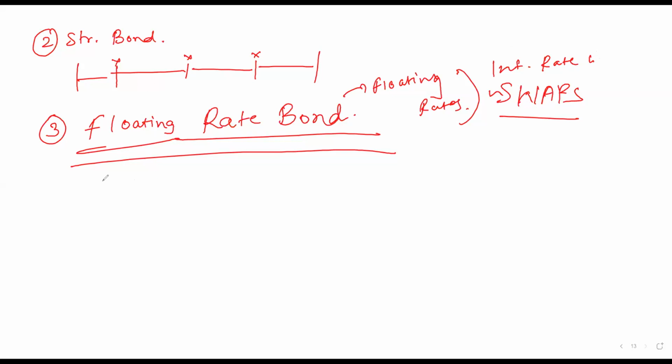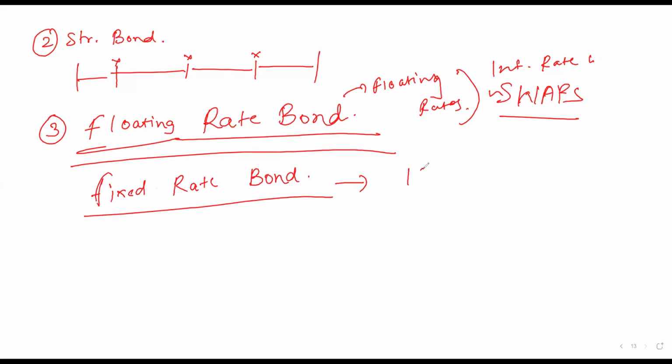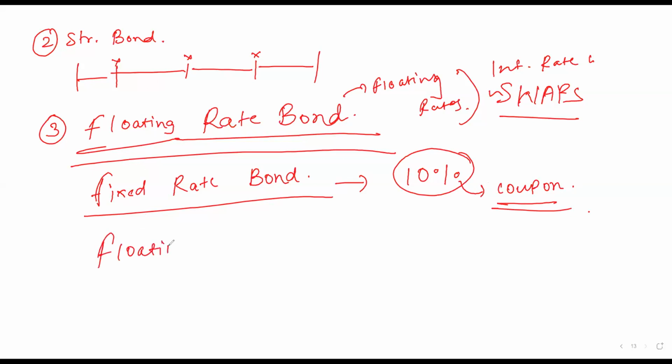So there is a fixed rate bond which would pay you a fixed coupon of, let's say, 10%. On the other hand, there could be a floating rate bond which does not pay a fixed coupon but a variable coupon.